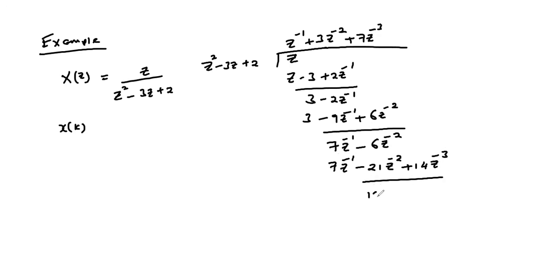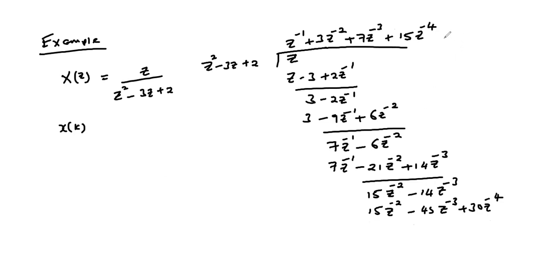This will give us 15z power minus 2 minus 14z power minus 3. Then again, we multiply this by 15z power minus 4 to get 15z power minus 2 minus 45z power minus 3 plus 30z power minus 4.